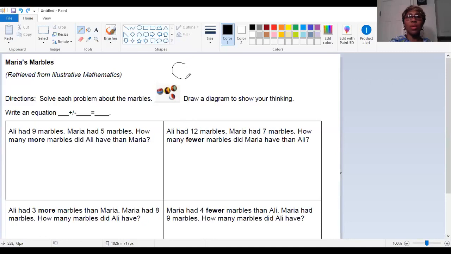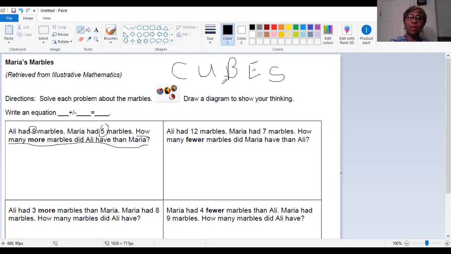We're going to use the CUBES strategy. So we're going to circle those numbers. We have a 9 and we have a 5. Underline the question. The question is, how many more marbles did Ollie have than Maria?